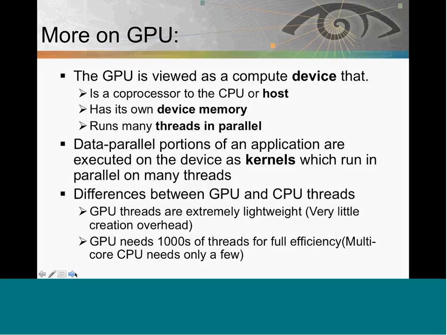Another difference between GPU and CPU is that GPU threads are extremely lightweight, with really low overhead for creation, while a CPU thread has more overhead than a GPU thread. Another thing, you need to use thousands of threads to efficiently use one GPU.